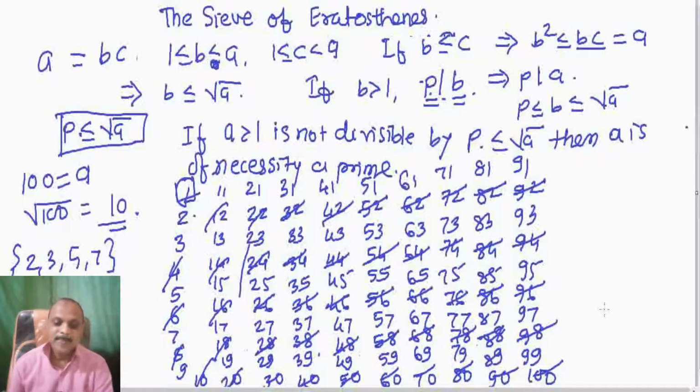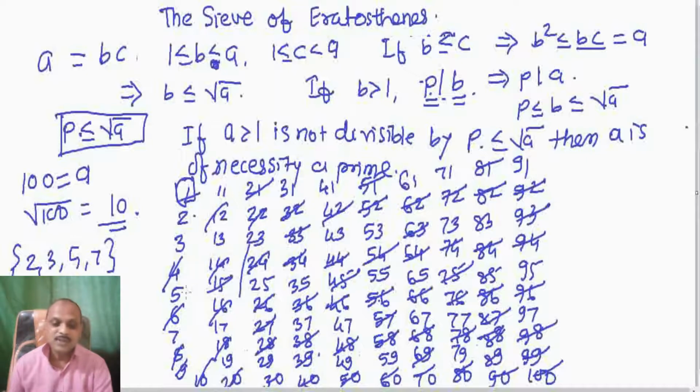Look at this: 3, 6, 9, 12, 15, 18, 21, 24, 27, 30, 33, 36, 39, 42, 45, 48, 51, 54, 57, 60, 63, 66, 69, 72, 75, 78, 81, 84, 87, 90, 93, 96 and 99.